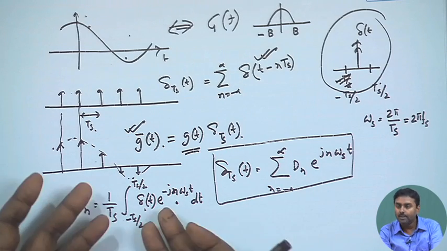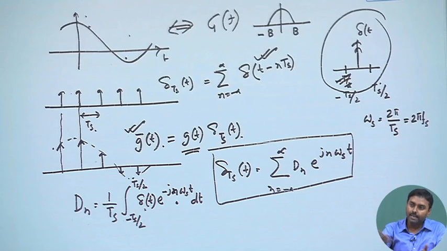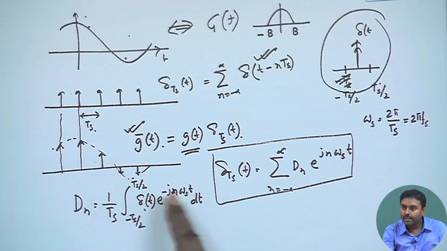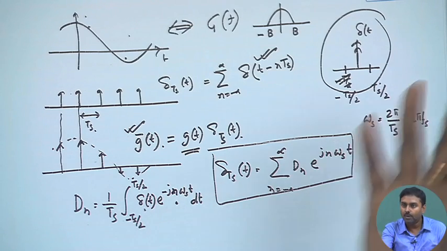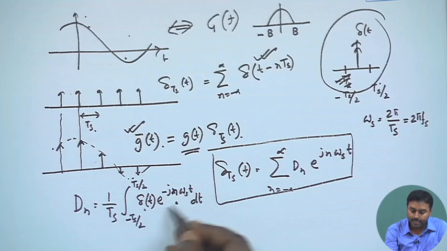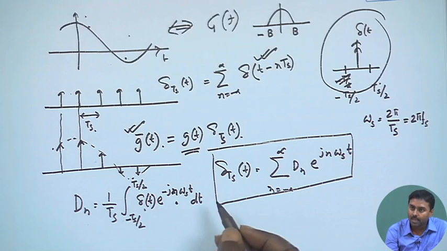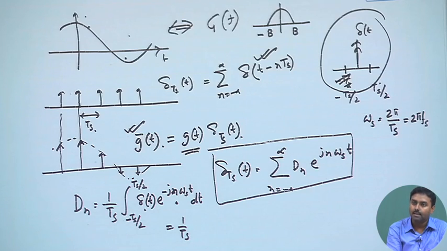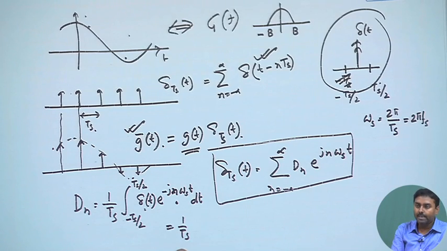Okay. So, I can always write that as if it is integrated from minus infinity to plus infinity, and then I will be getting at t equal to 0 whatever value I do get. Okay. So, that should be what I was telling, that at t equal to 0 whatever this value, that should be the value. So, e to the power 0, that is 1. So, it must be 1 by Ts, right. So, Dn becomes 1 by Ts. So, it is not a function of n anymore.